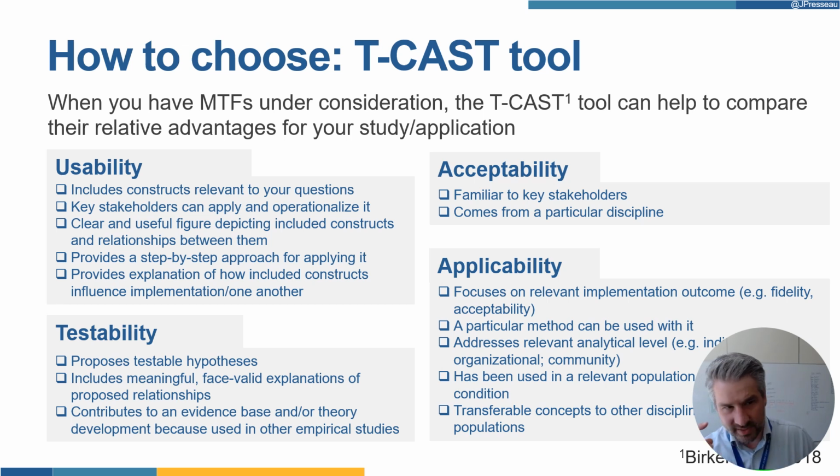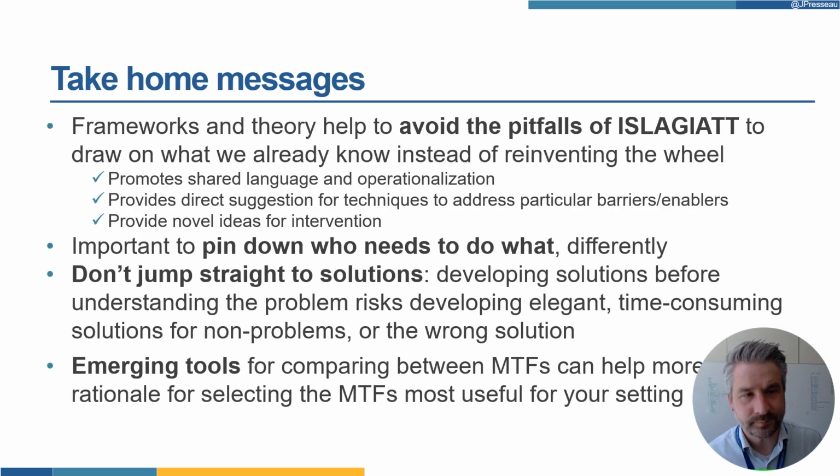This is based on work that we did that asked over 100 implementation researchers from around the world what models, theories, and frameworks they use and how they decided on using them, and then brought together some of the key factors to consider, which can be summarized as usability, testability, acceptability, and applicability. So as you're considering whether to choose one or more models, theories, and frameworks, it might be useful to work your way through each of these considerations to justify whether or not it's the right fit for the work that you want to do.